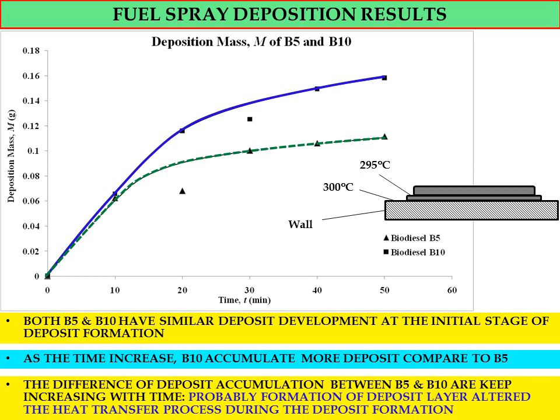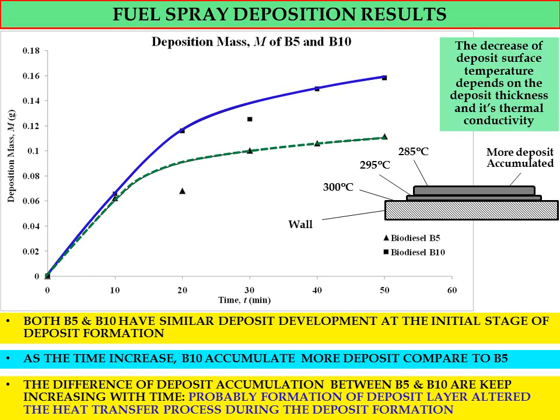And when the second deposit layer forms and more deposit accumulates, the surface temperature keeps decreasing, and this will affect the deposit formation for the later impingement of fuel spray. So the decrease of deposit surface temperature depends on the deposit thickness and its thermal conductivity. This is one of the factors that we need to consider in explaining the deposit development for different types of fuel on the hot wall.